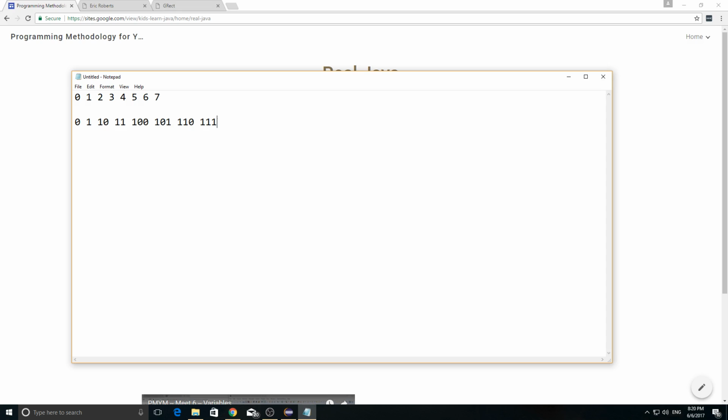So you can see that all these numbers can be represented by 3 digits.